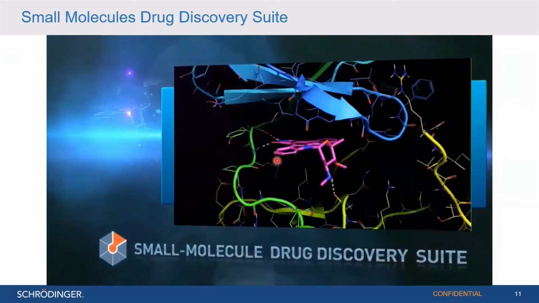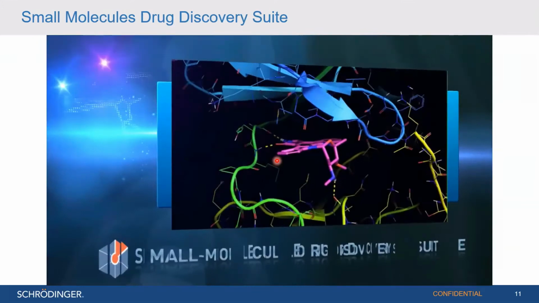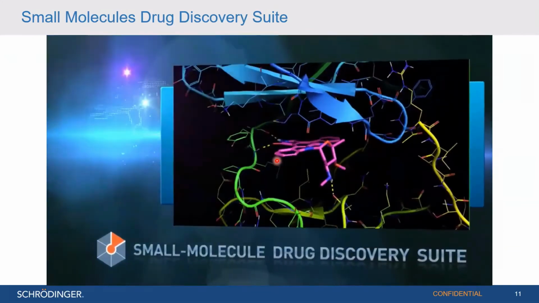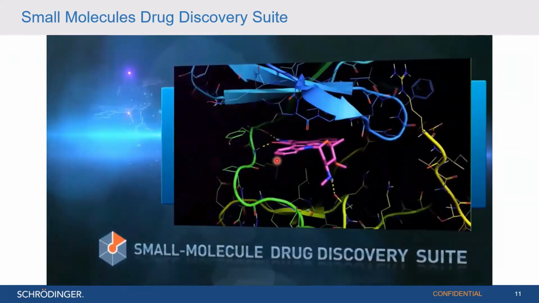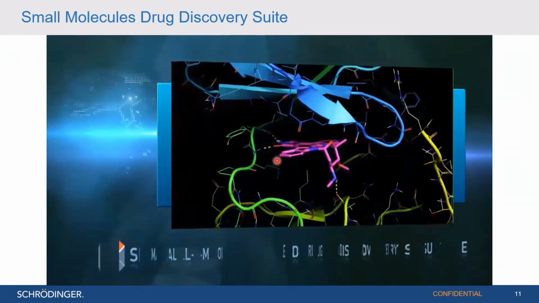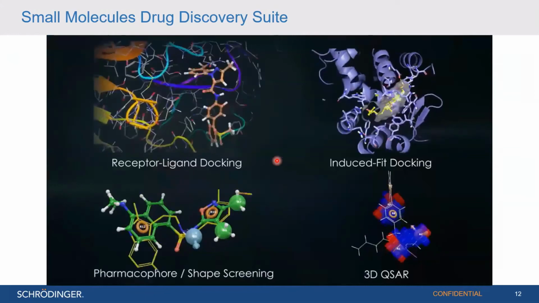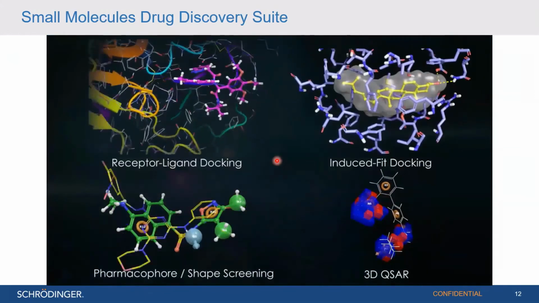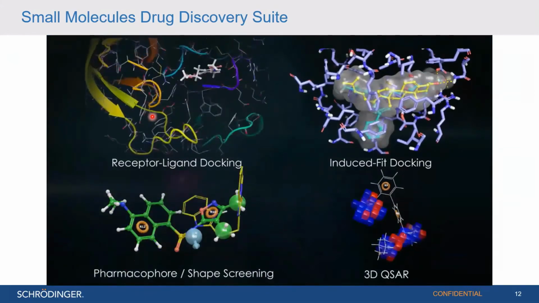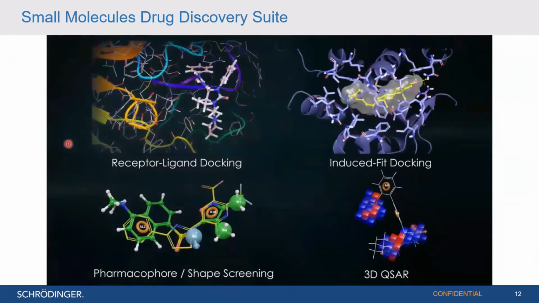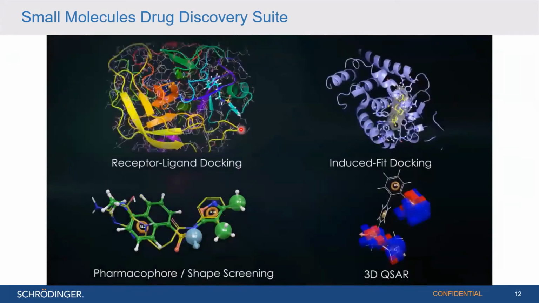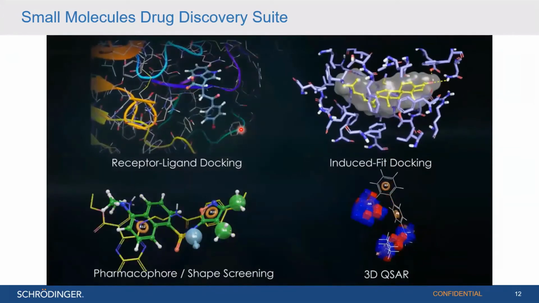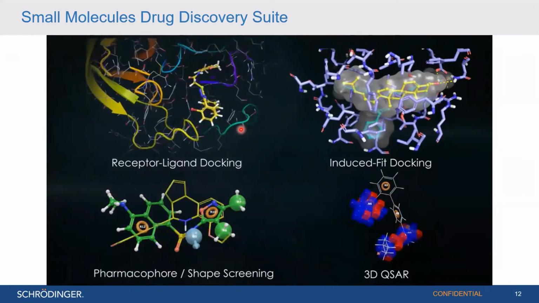Let me introduce those packages in a particular way. In the small molecule drug discovery suite, which assists with the drug discovery process and methods, we have various tools. For example, the most widely used is protein-ligand docking, in which one can perform molecular docking of a huge library of compounds in the fastest way inside the protein structure.